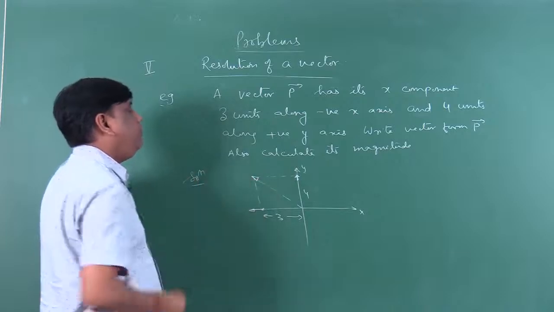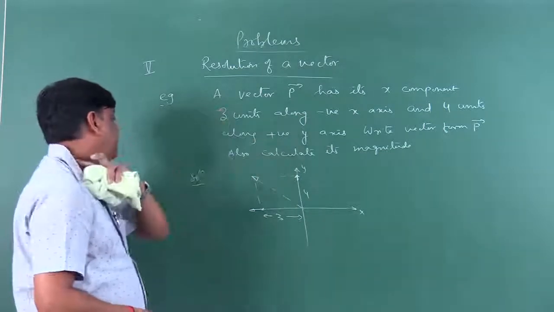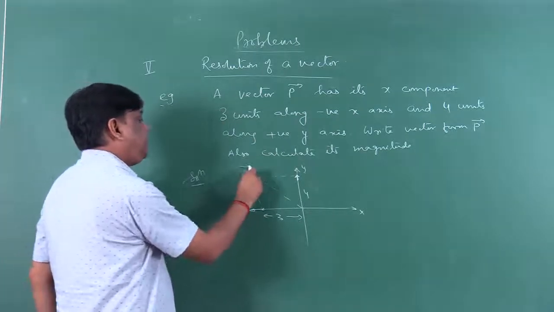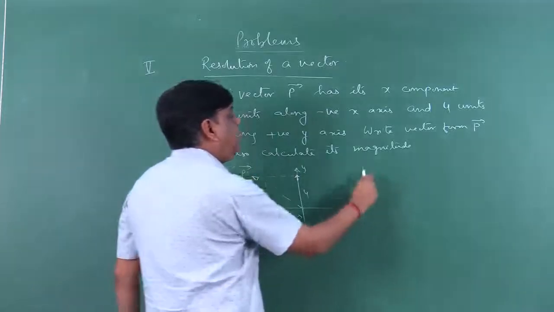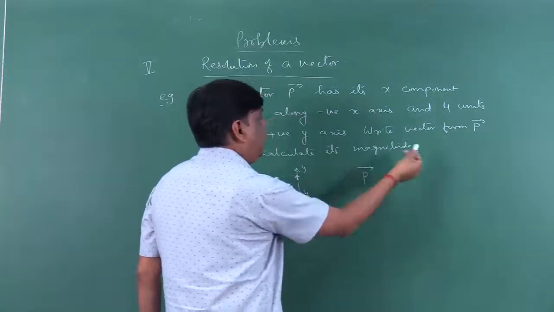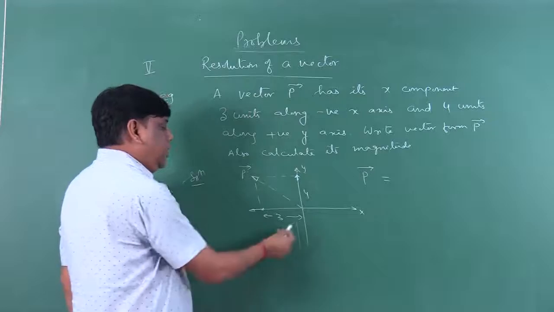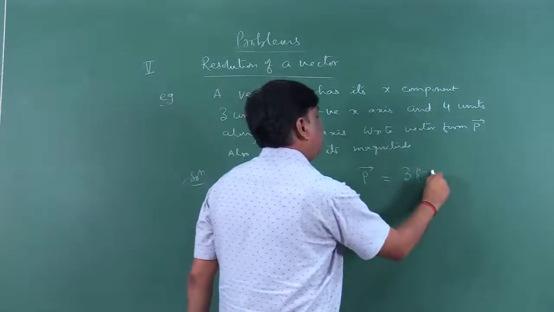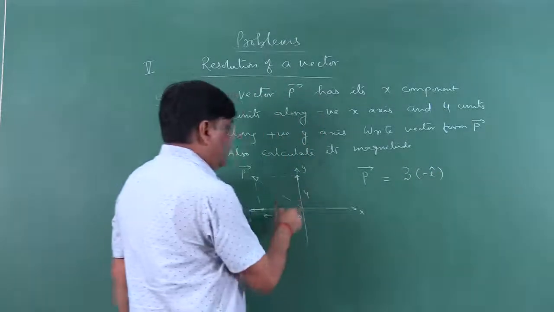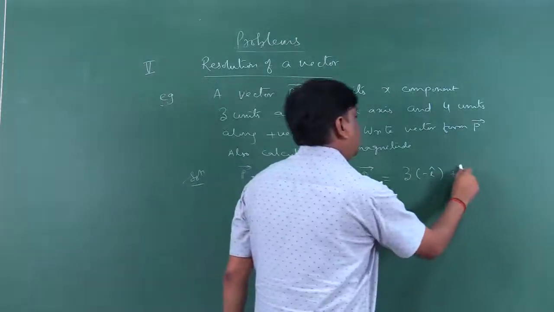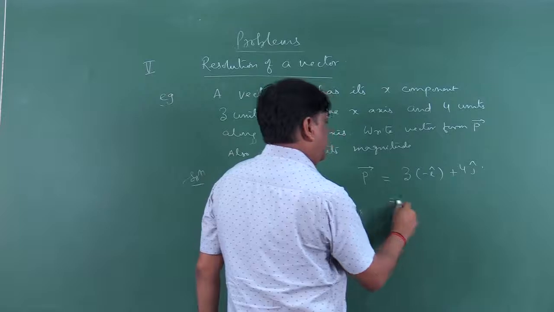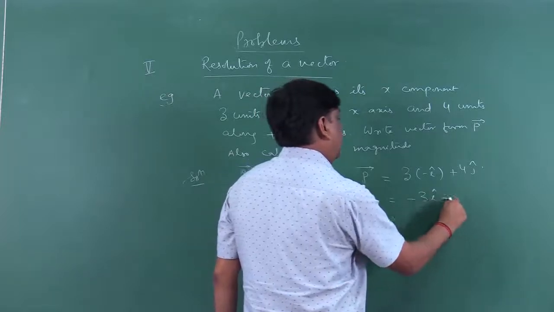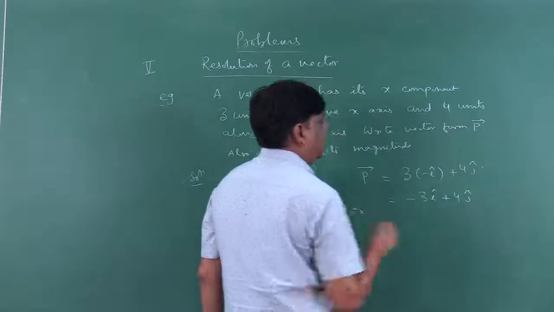So this is the vector p. ये p वेक्टर होगा बेटा. तो p वेक्टर का अगर हमको वेक्टर फॉर्म में लिखना है तो it is 3 unit along negative x axis, so it is 3 times of minus I cap and 4 times of j cap, which you can also write it as minus 3 I cap plus 4 j cap.